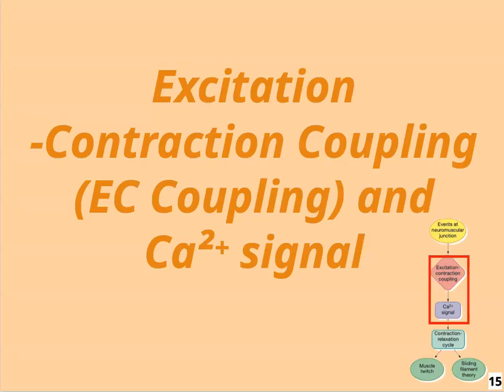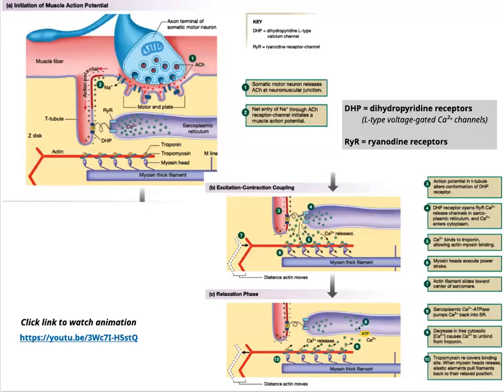We now move on to talking about the excitation contraction coupling phase, or the EC coupling phase, as well as the calcium signaling that follows. As we've just discussed, we have the motor neuron releasing acetylcholine into the synaptic cleft, and the acetylcholine binding to the postsynaptic membrane on the sarcolemma.